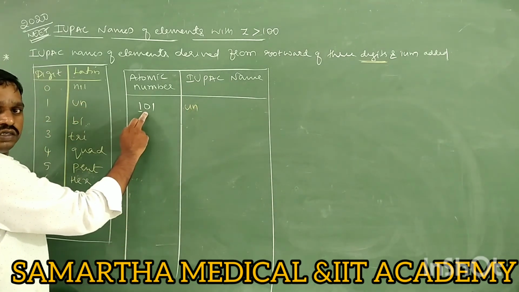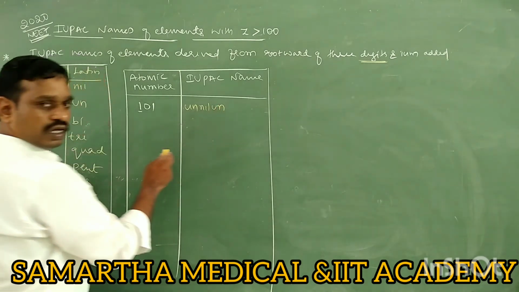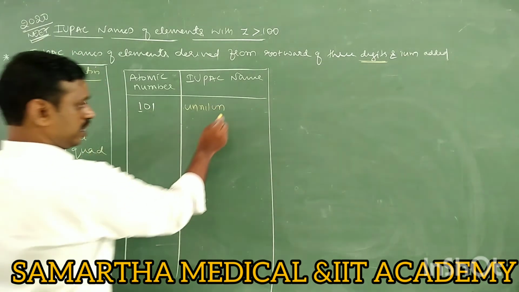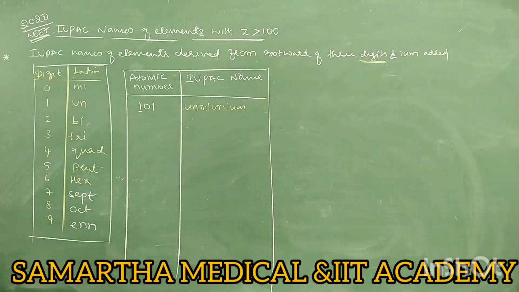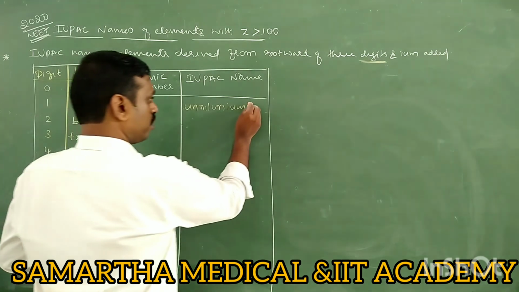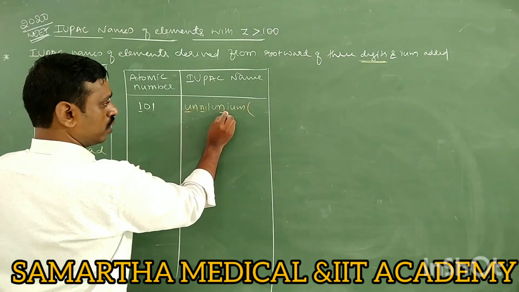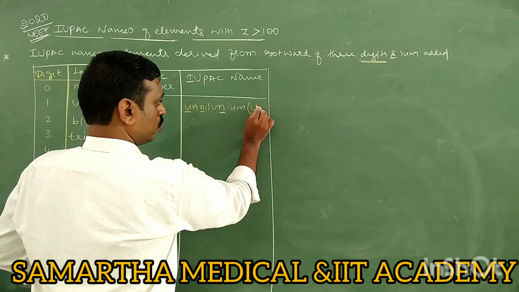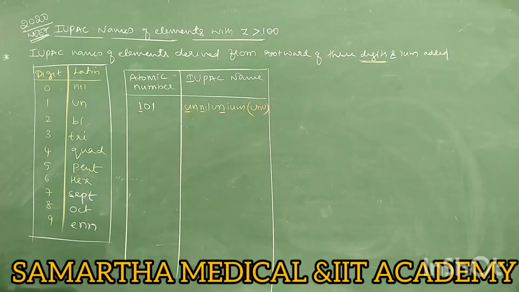Next, 0 is nil. Next is un. So un, nil, un, then add IUM: unnilunium. Its short form is the first letters U, N, U. For the short form you should not write IUM. Okay, that's it.